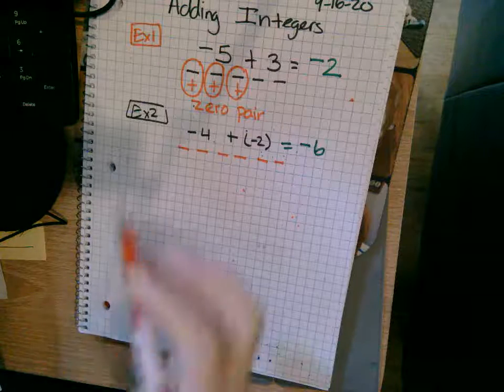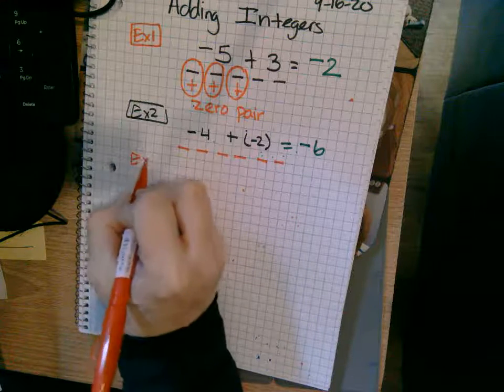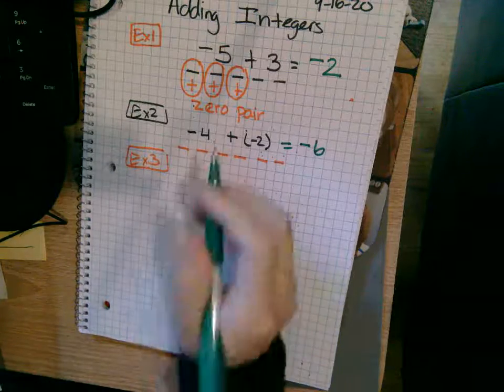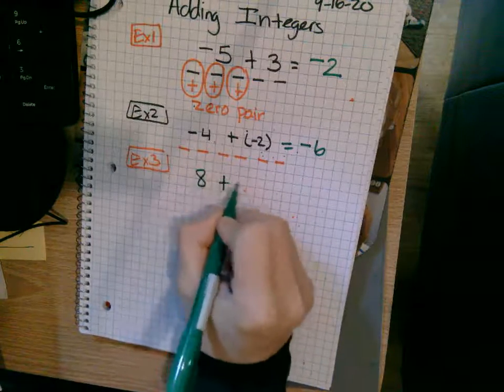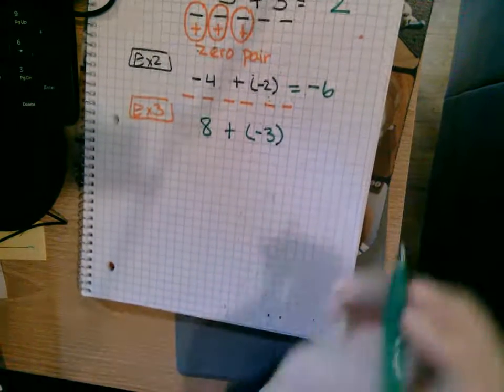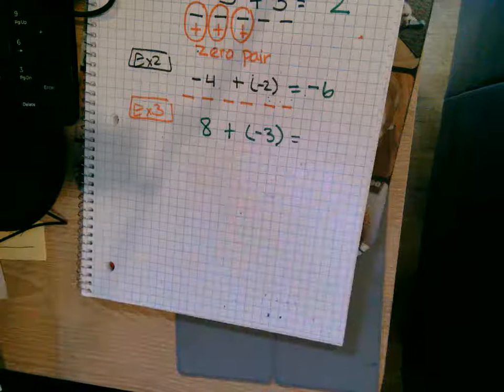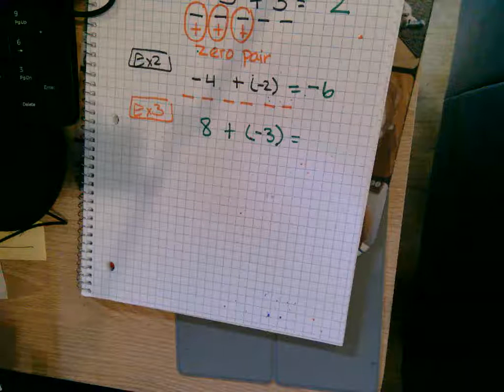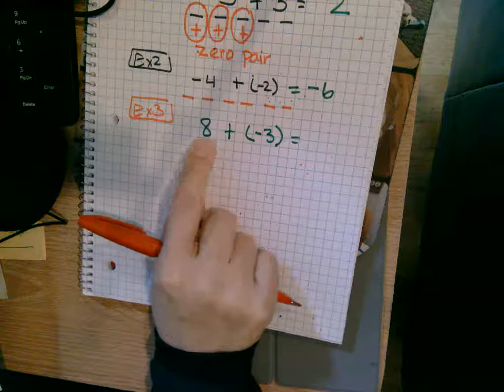Yes, Miss Lamelli. Okay, cool. Let's do example number 3. What if I have 8 plus -3? So what do I circle? I mean, not what do I circle. Sorry. Step back. I'm going to draw my 8.